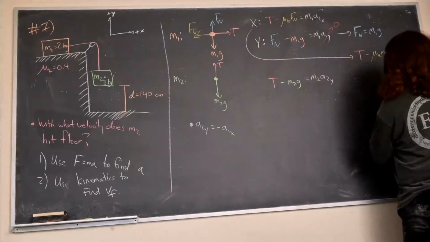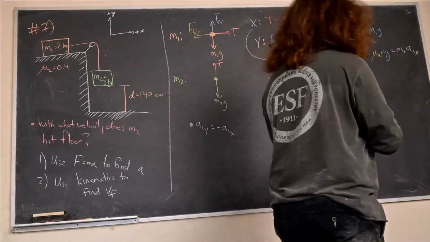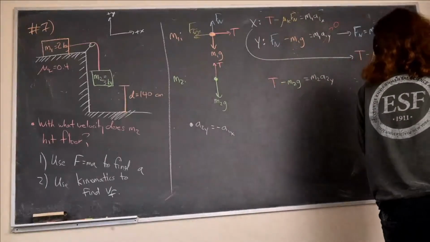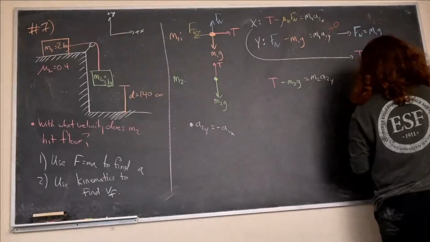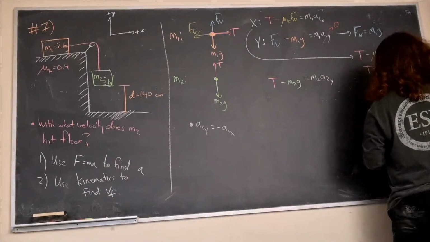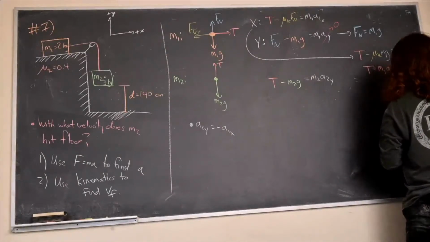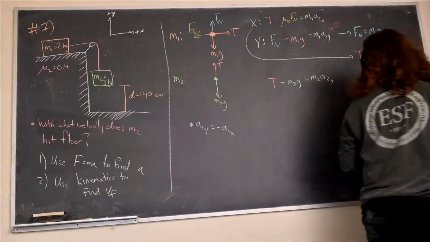I forgot my 1 here. That's important. So now I can find the tension and substitute it in here. So I know T equals m1 a1x minus mu k m1g.